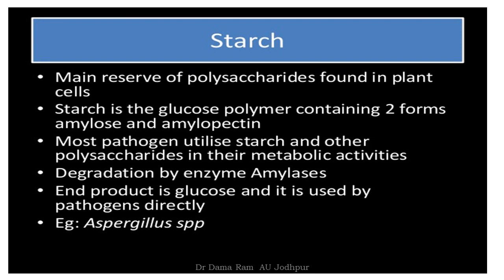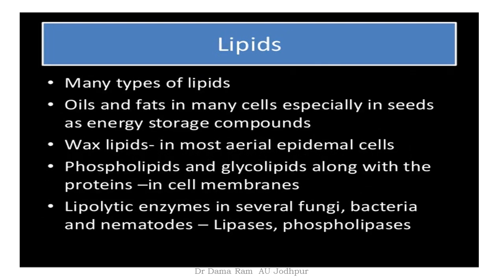Earlier we also saw that a lot of fungi utilize glucose as a food source after degrading cellulose. The degrading enzyme is amylase, and the product is glucose again, which is used by the pathogen directly. For example, many Aspergillus species secrete amylase, which can degrade the starch components.